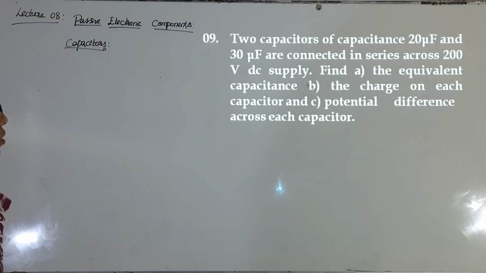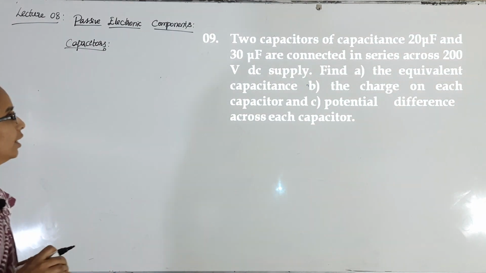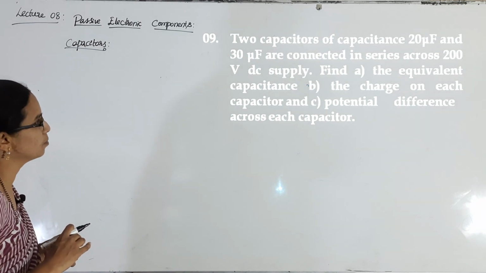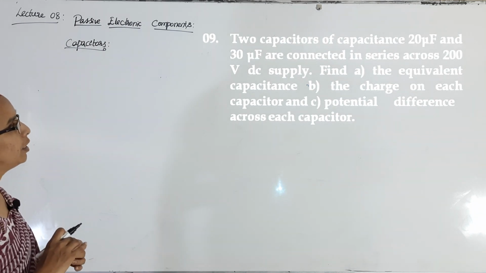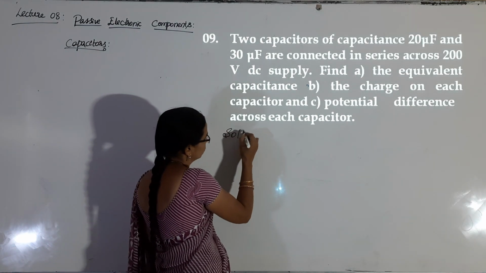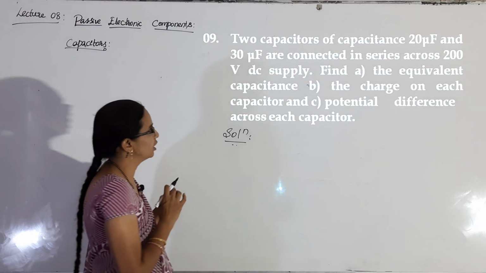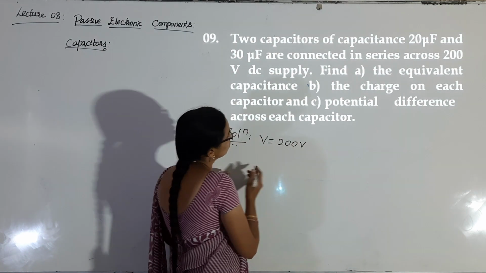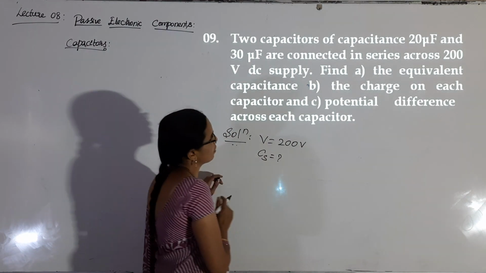Next one, two capacitors of capacitance 20 microfarad and 30 microfarad are connected in series across 200 volts DC supply. Find the equivalent capacitance. Solution: when 20 microfarad and 30 microfarad are connected in series along with the voltage source of 200 volts, we have to calculate the effective capacitance.